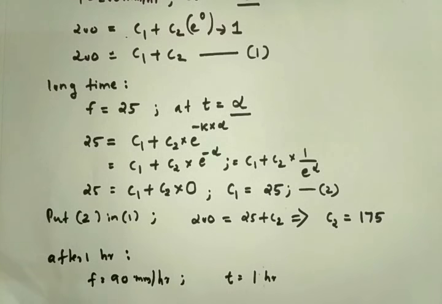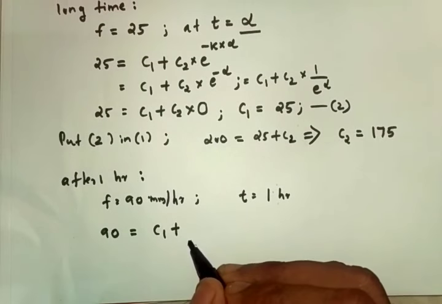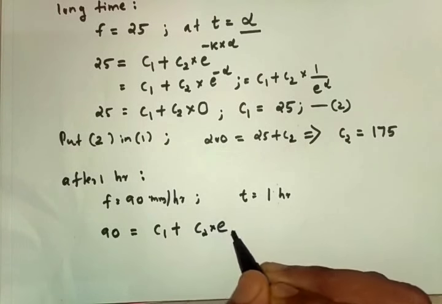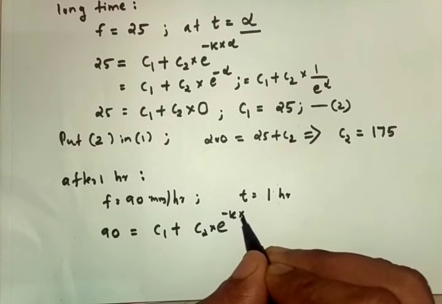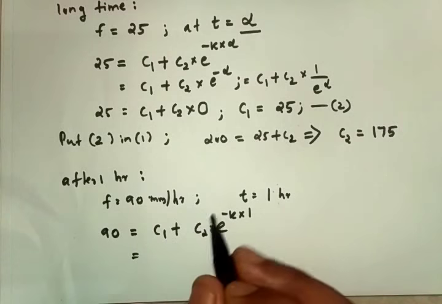Putting it in the equation, 90 = C1 + C2 e^(-k times 1).